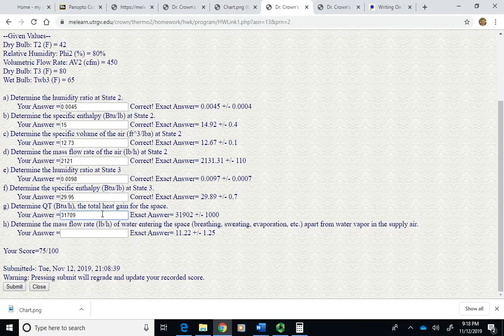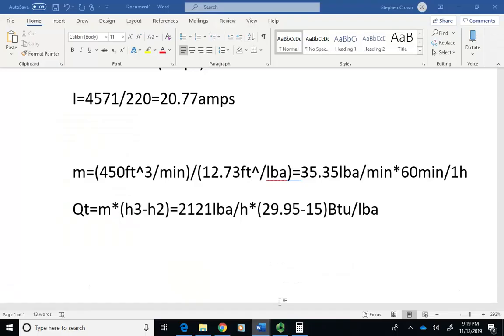And then finally, the mass flow rate of the water. So the mass flow rate of the vapor coming into the system would be the mass flow rate of the air times the difference in humidity ratio, omega 3 minus omega 2.